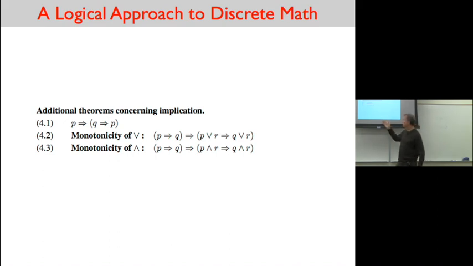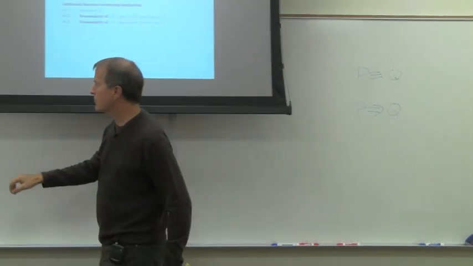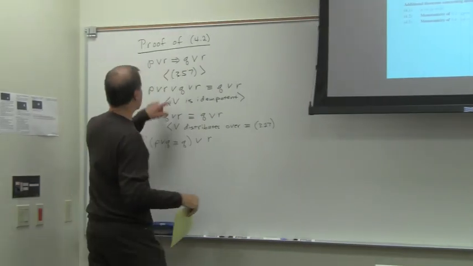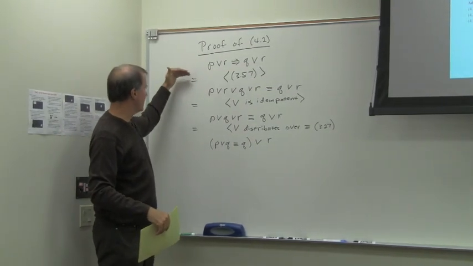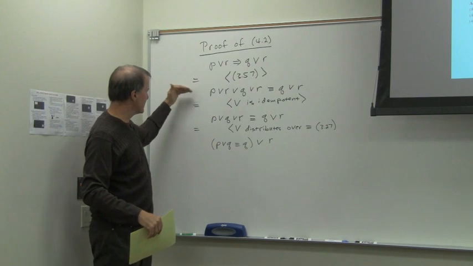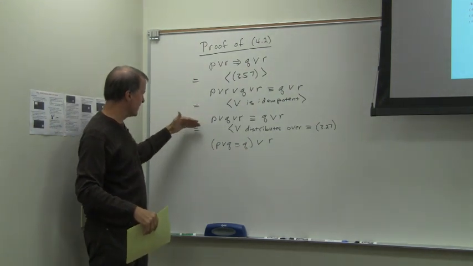The consequent is P or R implies Q or R. So what we had here was P or R implies Q or R. And then here we have a sequence of equals by 3.57, equals by this, equals by blah, blah, blah.